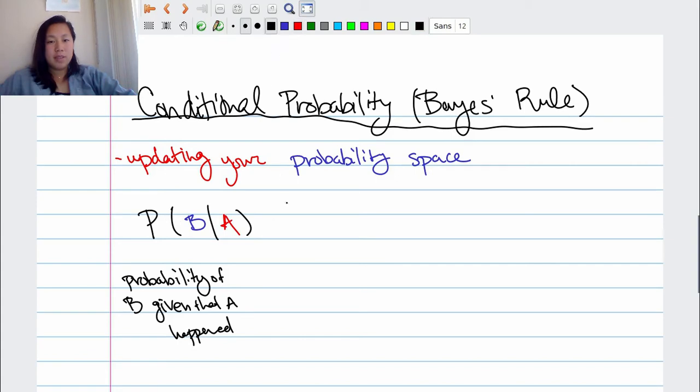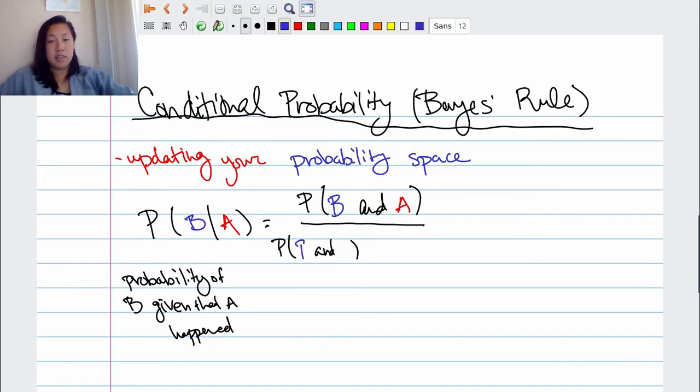So the probability of B given A is the probability of B and A happening over the probability of B and A plus the probability of B and not A, or A and not B, sorry.